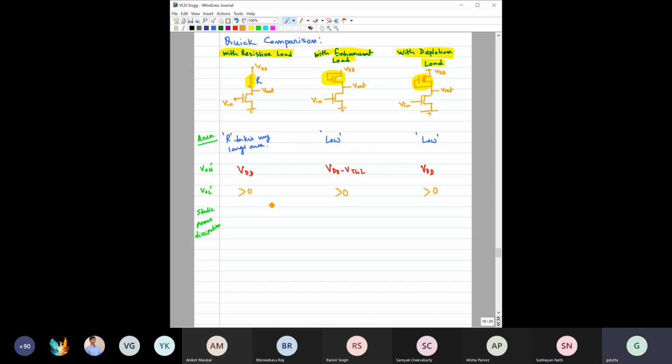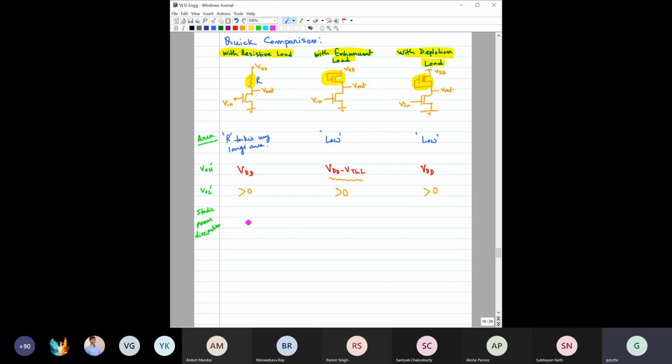So you can see on VOL dash, all three of them are not performing well. Of these, the enhancement load is worse, because its VOH dash is also one threshold voltage lower. Now let us comment on the static power dissipation.